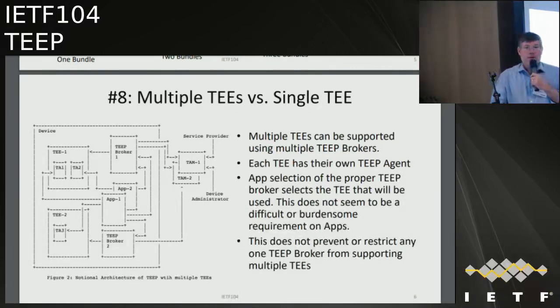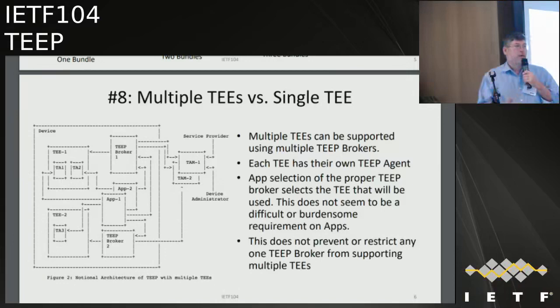And the OS will provide mechanisms to deobfuscate those and provide the right pointer. In the simplest case, you have one TEE and one Teep broker. So this is the concept that we have in the document. Okay.